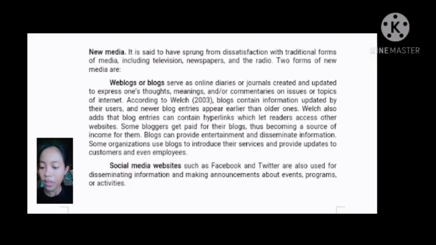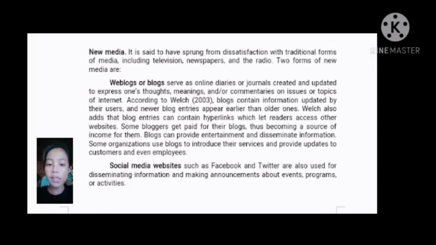So according to Welch 2003, blogs can contain information, and some blogs are entertainment. Welch also adds that blog entries contain hyperlinks so that readers can access other websites. And some organizations or companies use blogs to introduce their products or services to the customers.